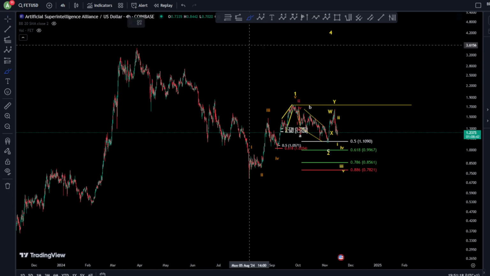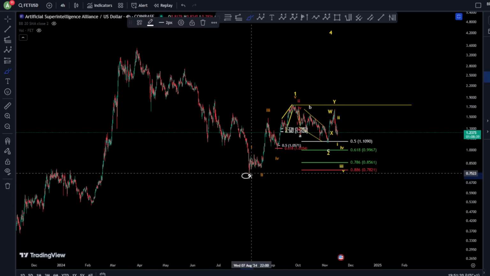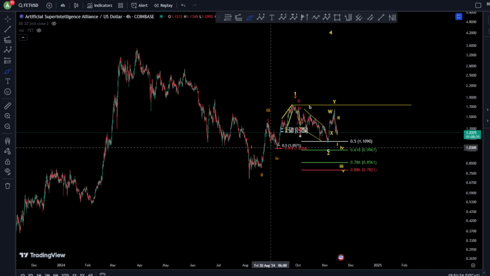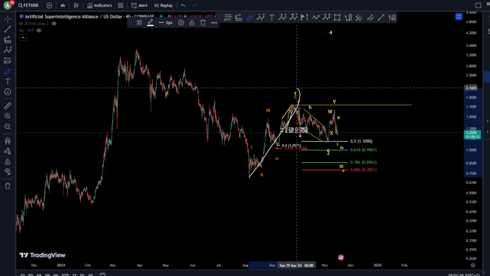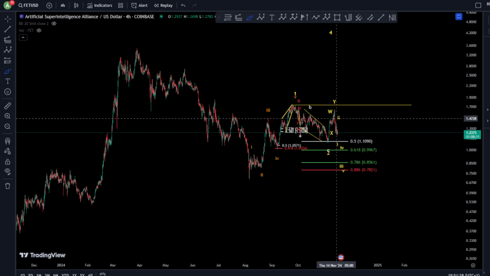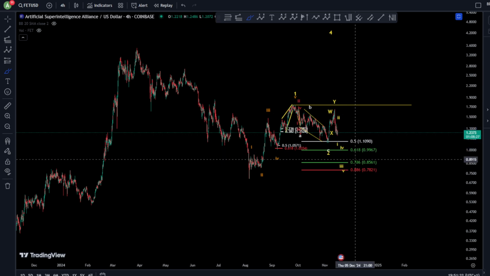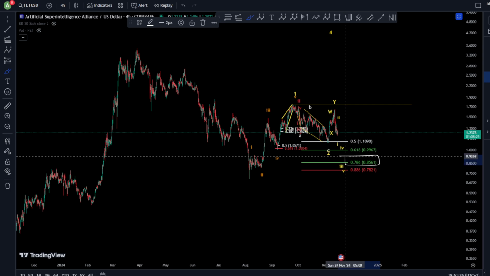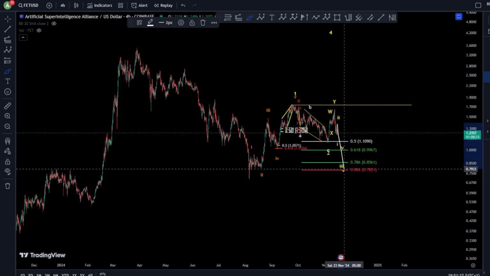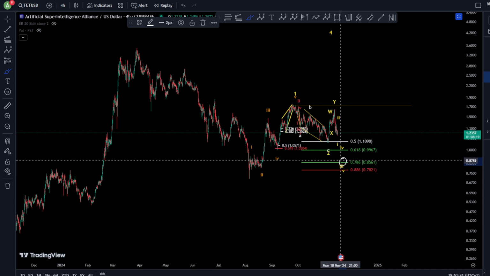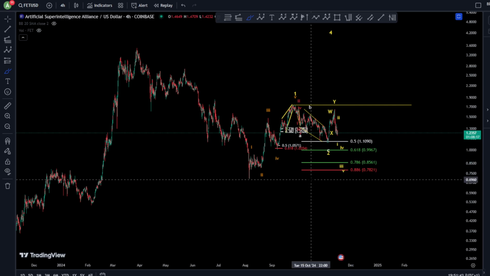We still want it to finish here as a running flat first. Second, we need, of course, let's say, okay, is this still an impulse? We need here, of course, to not break this level, all right? If we break this level, the fib level for a wave 2, in a wave 3 towards the downside, therefore, this is a confirmation of the bearish scenario, all right?